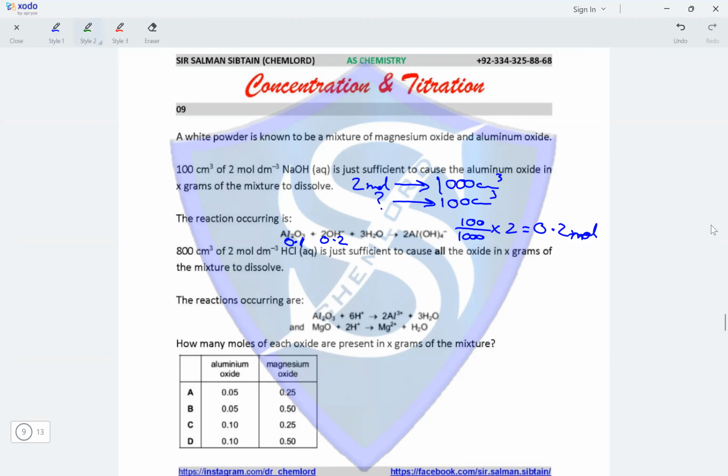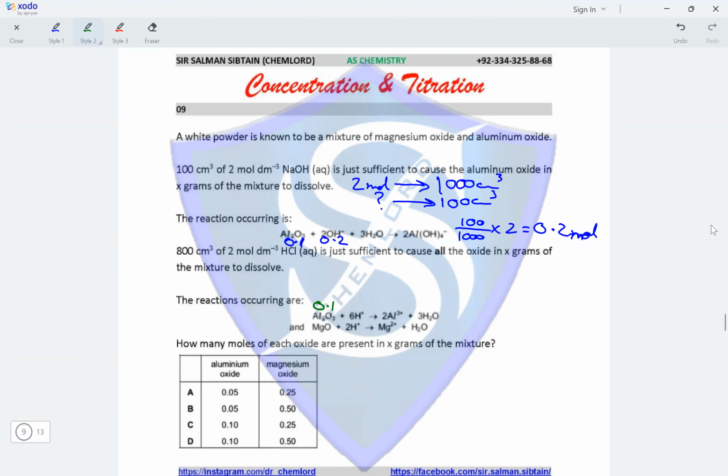Step 2. Now we have 800 cm cube of HCl that completely reacts with all the oxides present. So in total, we have 6 moles of HCl reacting with Al2O3. So Al2O3 is 0.1 mole.